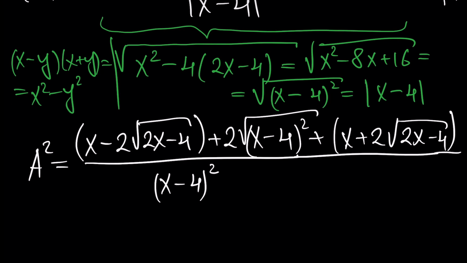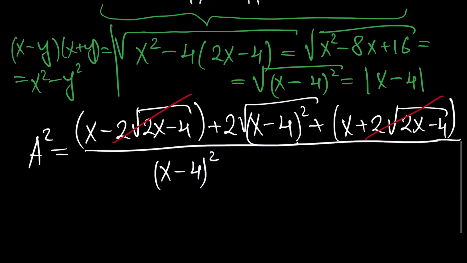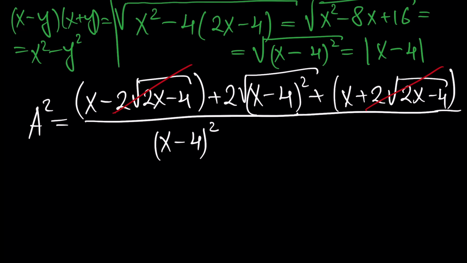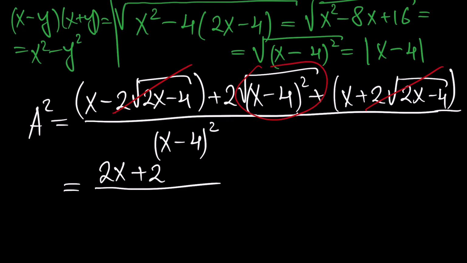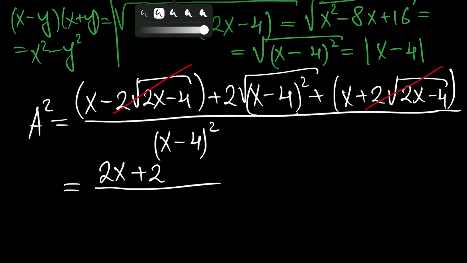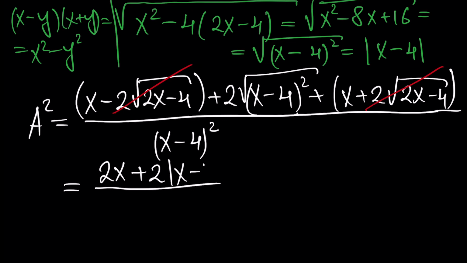We will have a cancellation here. This and this will disappear, and so A squared is equal to 2x plus 2 times the absolute value of x minus 4, divided by x minus 4 squared.